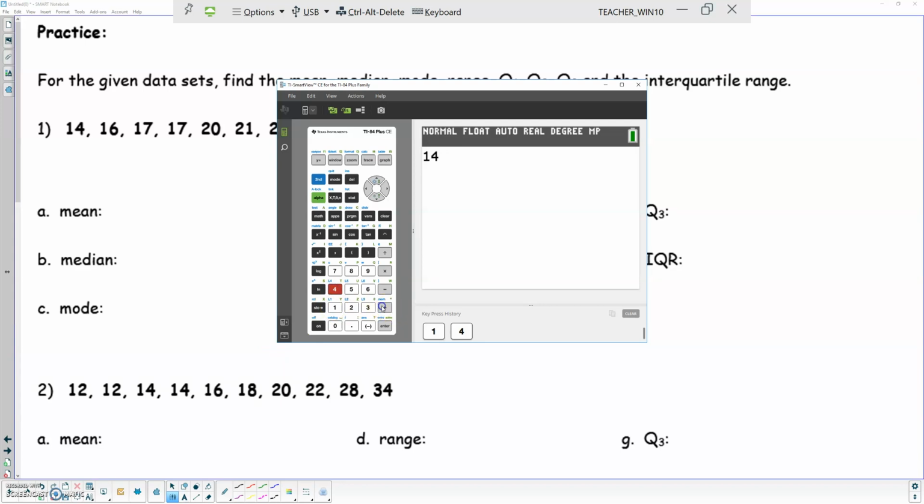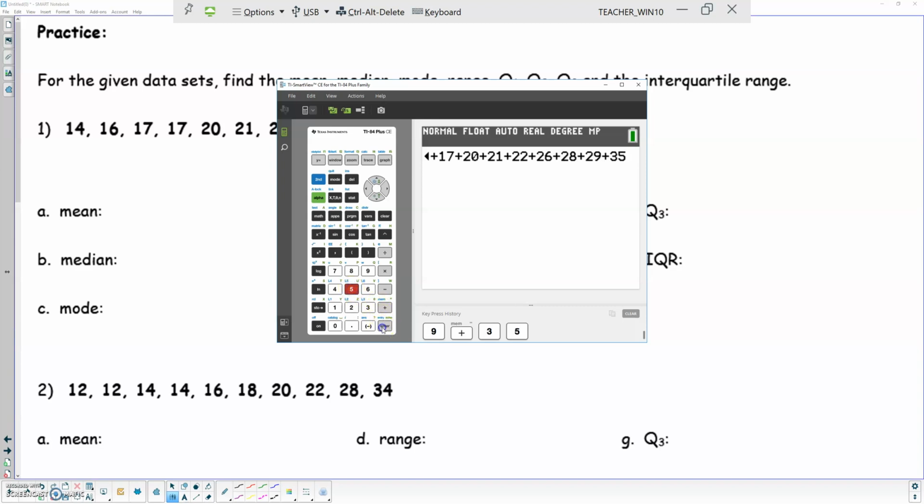So we got 14 plus 16 plus 17, 17, 20, 21, 22, 26, 28, 29, and 35.